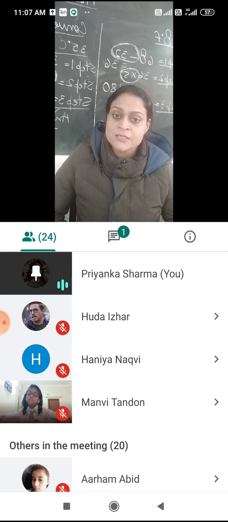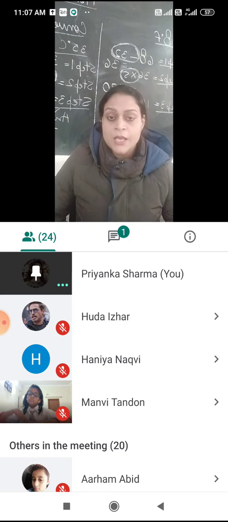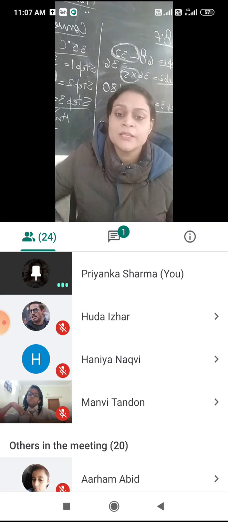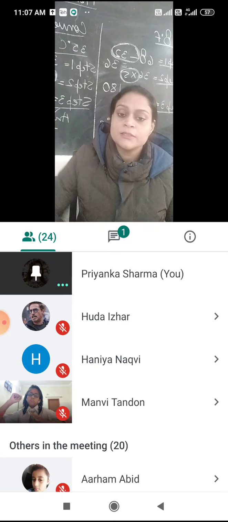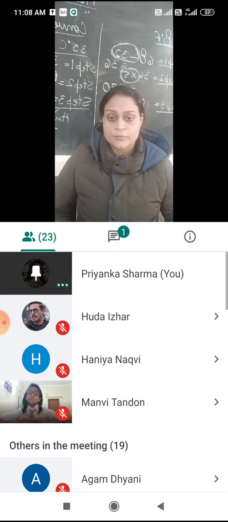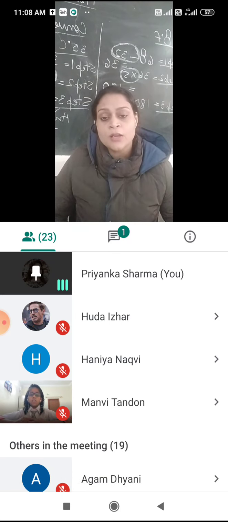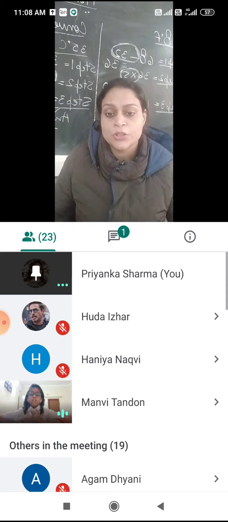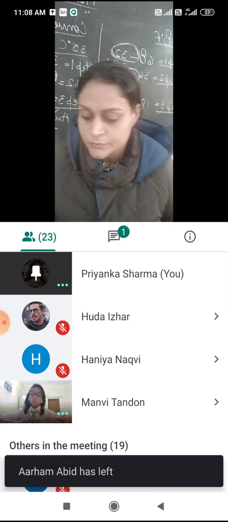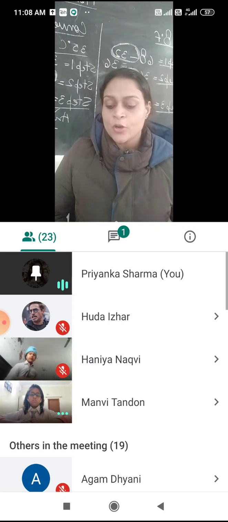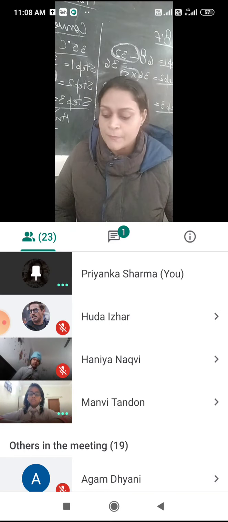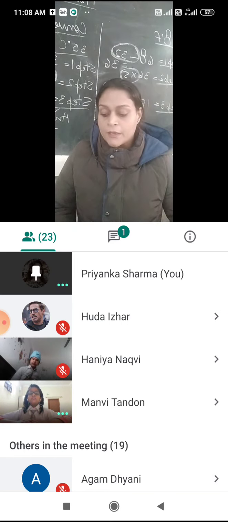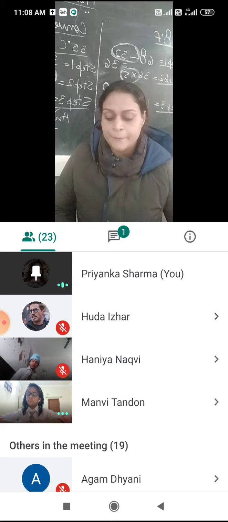If it passes through, then it is transparent. If it passes a little bit, then it is translucent. And if it does not pass at all, then it is opaque. When it does not pass at all, the shadow is formed in the opposite direction. Then come three types of objects: transparent, translucent and opaque.